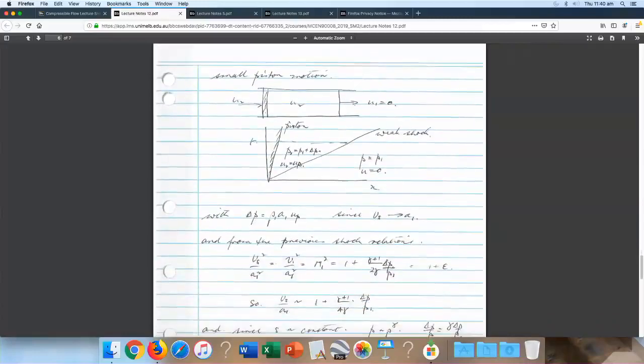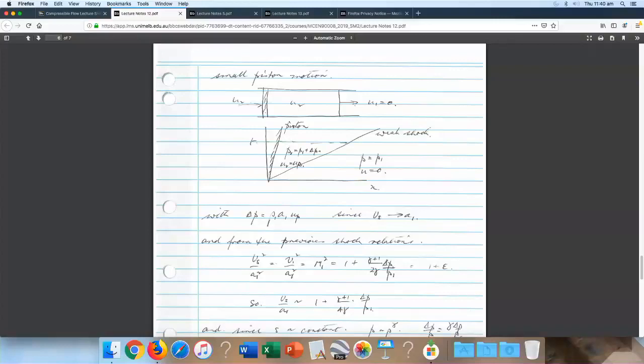So this was the piston problem, small piston motion, and this was a case that we could work out, right? So here was the piston moving at the velocity up. So on this xt diagram, it has a line that looks like that. It's a straight line on the xt diagram.